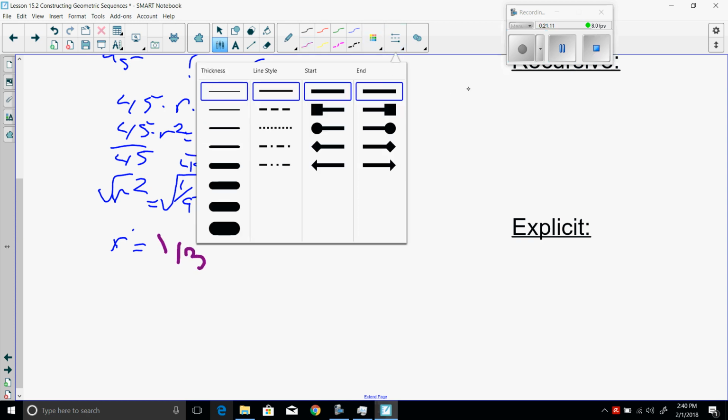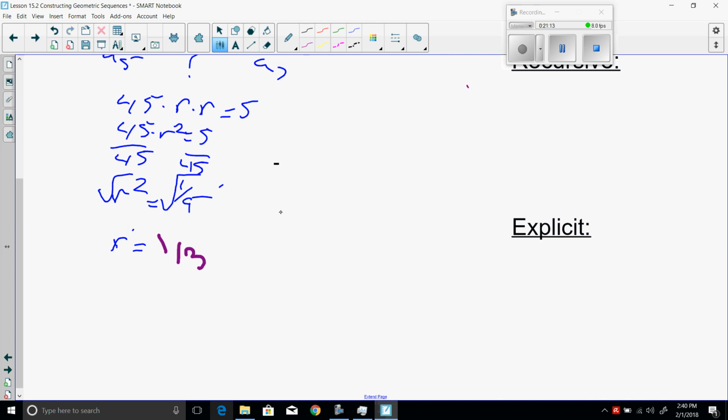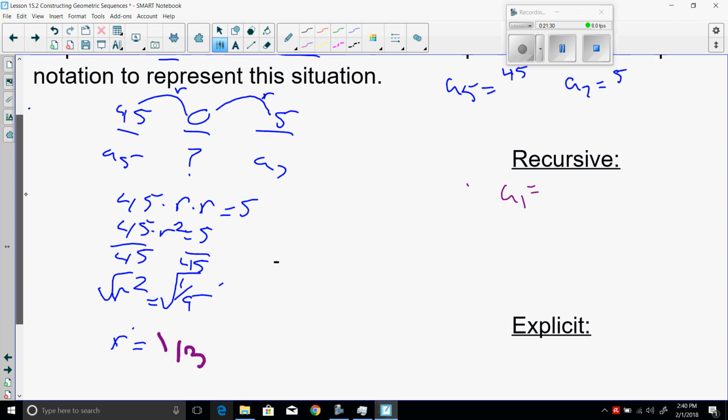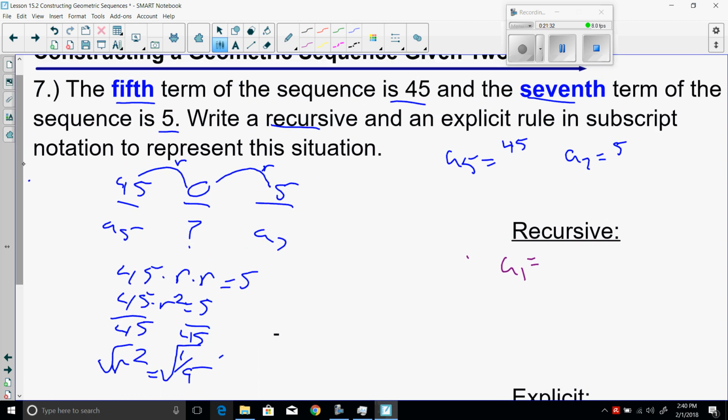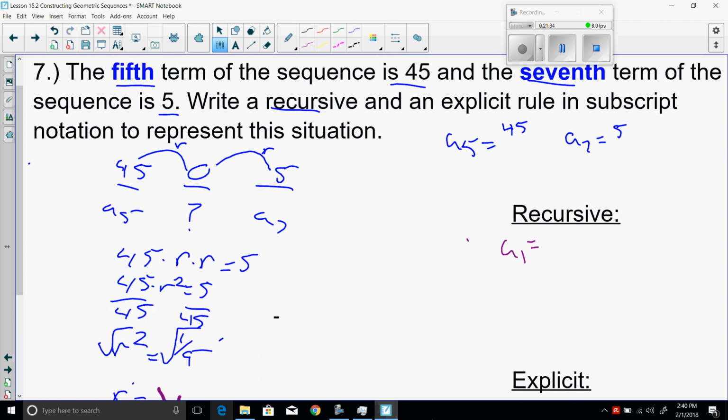ratio. Okay, so now that I have my common ratio, what do I need to write my recursive rule? I need a sub 1 yet, and I don't have it. So what I need to do is set up the formula for solving for a sub 1. I know a sub 5 is equal to 45.